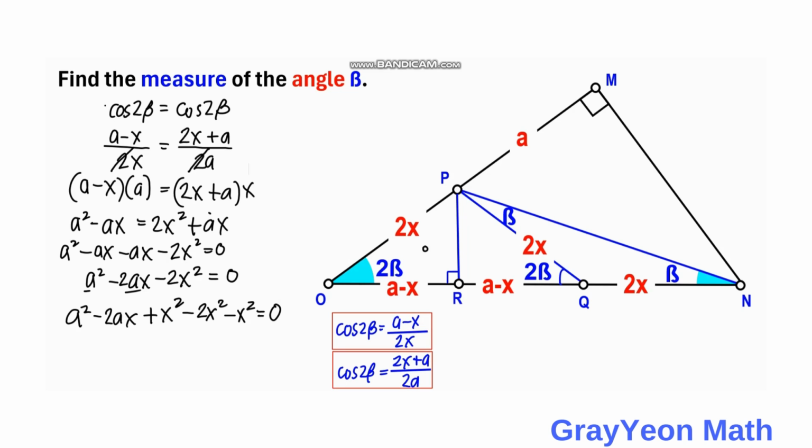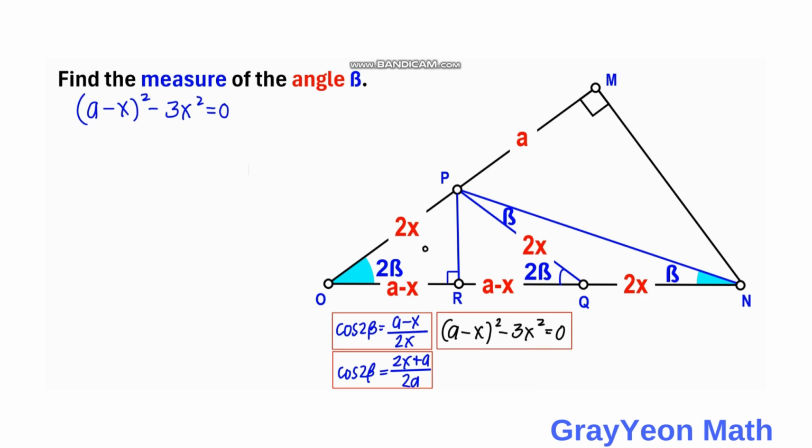We added plus x squared here and subtracted it here. For this to become a perfect square trinomial, it becomes a minus x squared. Then we simplify by adding the two similar terms, so we have negative 3x squared equal to 0.